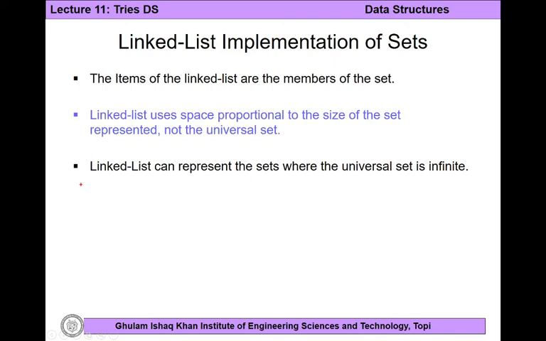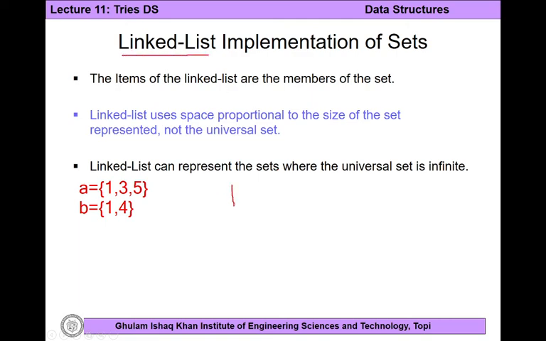For example, here I am not going to write the universal set, because we already know. A is equal to 1 comma 3 comma let's say 5. These values are in set A, and for B, let's suppose we have values 1 comma 4. The universal set may be from 1 to 5, but here we are using the dynamic or linked list based implementation.